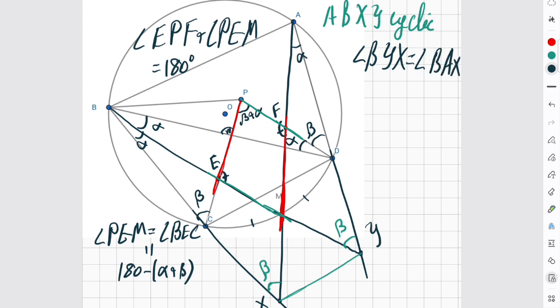Also, if we connect DM and CM, then we can see that angle BAX is actually the same angle as BAM, and that is why angle BAM, according to the cyclic quadrilateral ABCD, is equal to angle BDM.